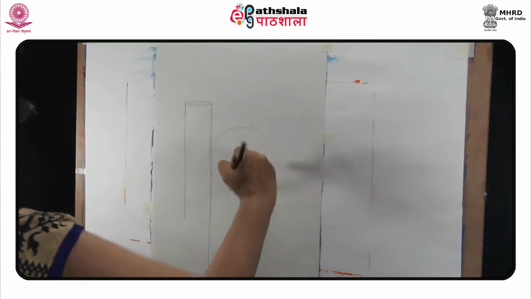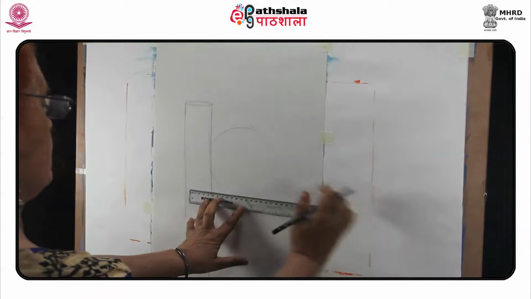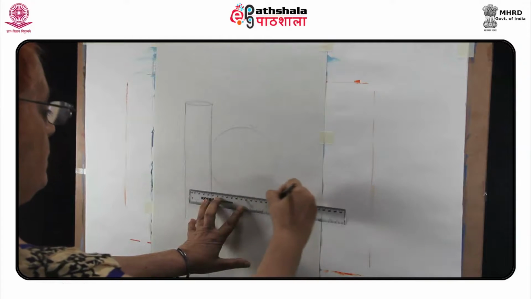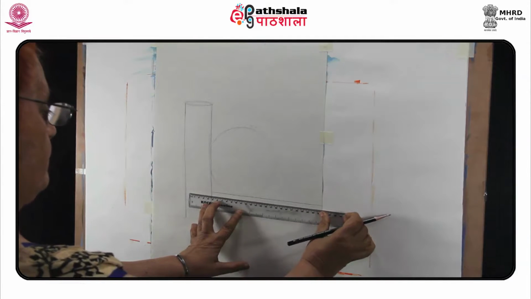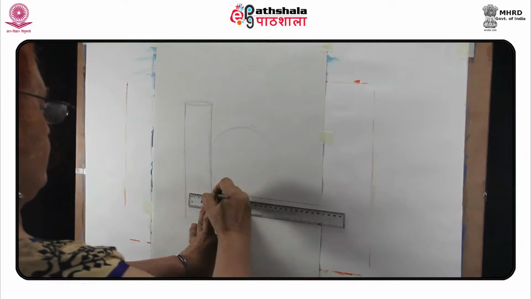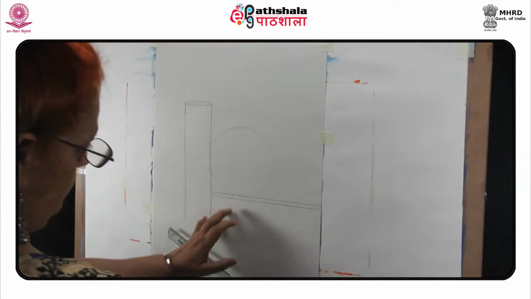In this composition, I will use cylinder, circle, square and triangle shapes. I have taken the thickness of the ruler for the design of the net.